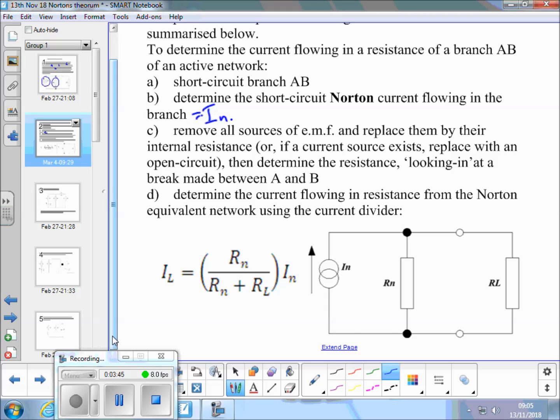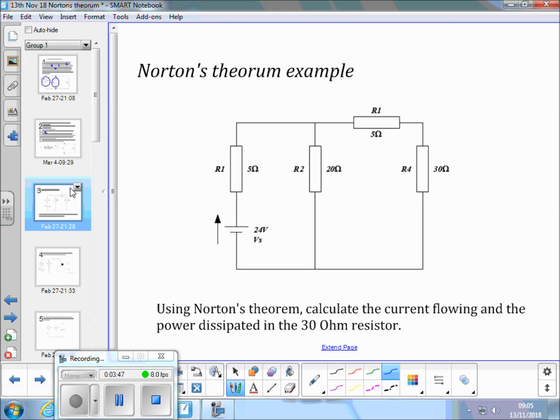So, an example circuit. We're going to use Norton's theorem to calculate the current. Now, this is a consistent typo, we'll call that R3. And we're interested in the current flowing in the 30 ohm resistor here, IL.